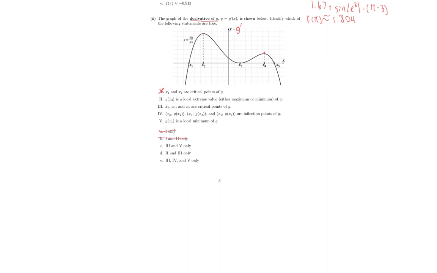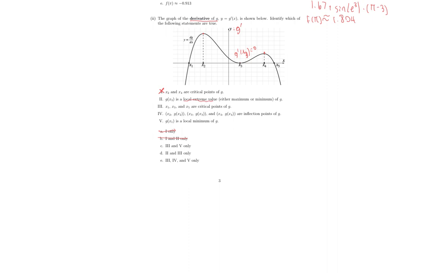Okay. G of x3, so we're looking at this one, is a local extreme value of G. Well, right here, this is on the x-axis, so that means that G prime of x3 is 0. So that's part of being an extreme value. That is a critical point. We know that, but here's the issue. Local extreme value means it has to be a maximum or minimum.